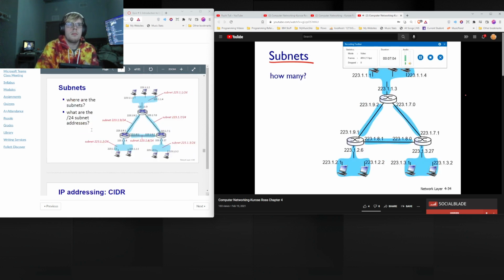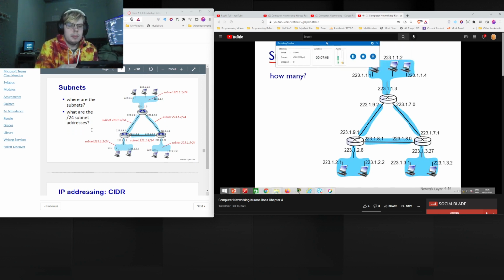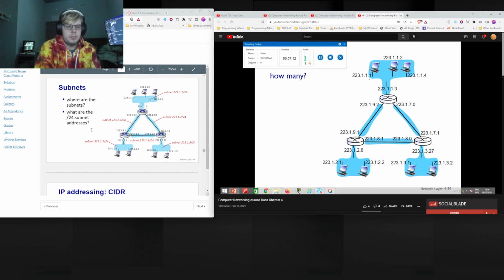Now let's look at how many subnets there are. Of course, visible subnets. What I can see is the first subnet, then the second subnet, which is this one, then the third subnet, this one.